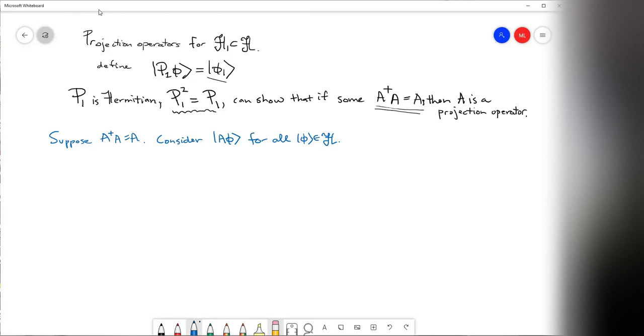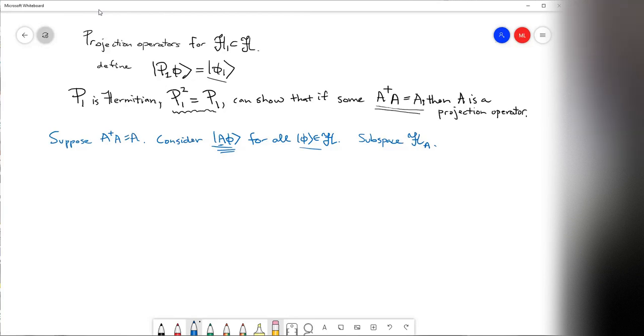If it's a projection, then this set of vectors should form some kind of subspace, which we'll denote by H sub A. If we take any vector in our total Hilbert space and keep acting on it with A, that should just project us into the subspace.